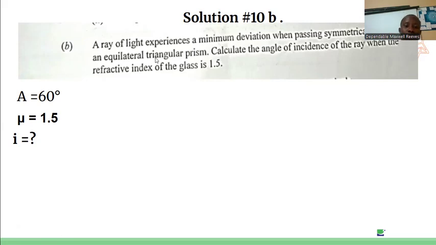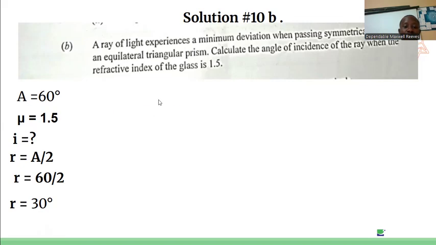In an equilateral triangular prism, the angle of refraction is equal to the angle of the prism A divided by 2. So r is equal to A divided by 2. But we already know that A is equal to 60 degrees. So replacing A with 60 degrees and dividing by 2, we have r equal to 30 degrees. So this represents our angle of refraction.